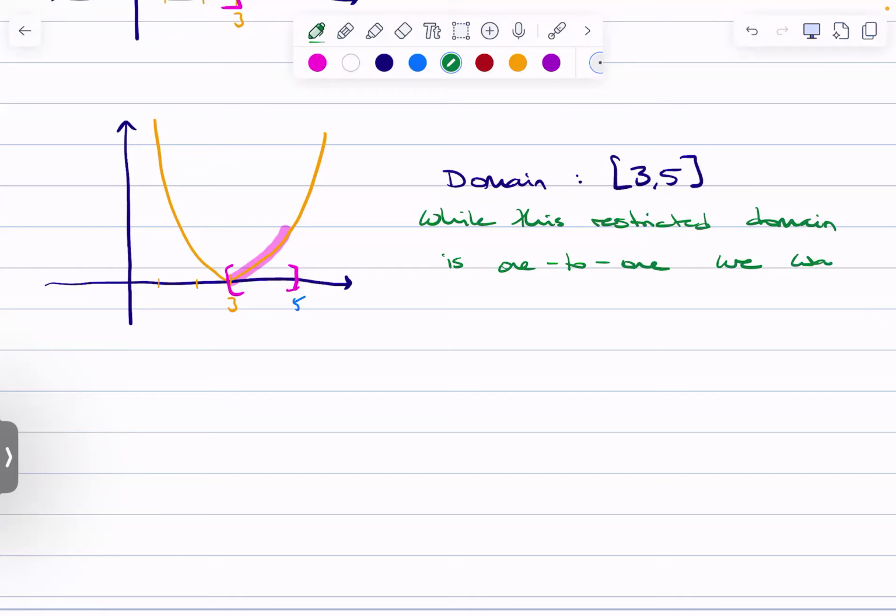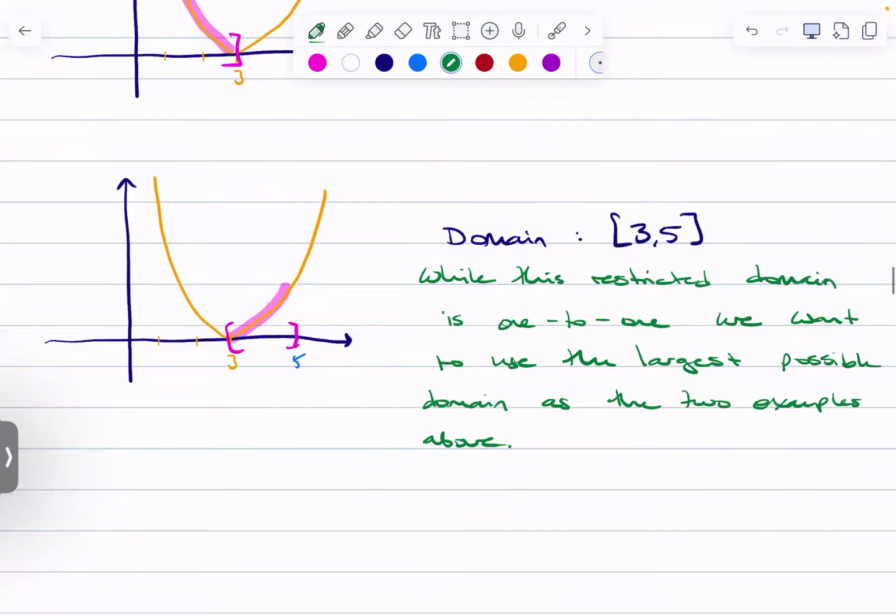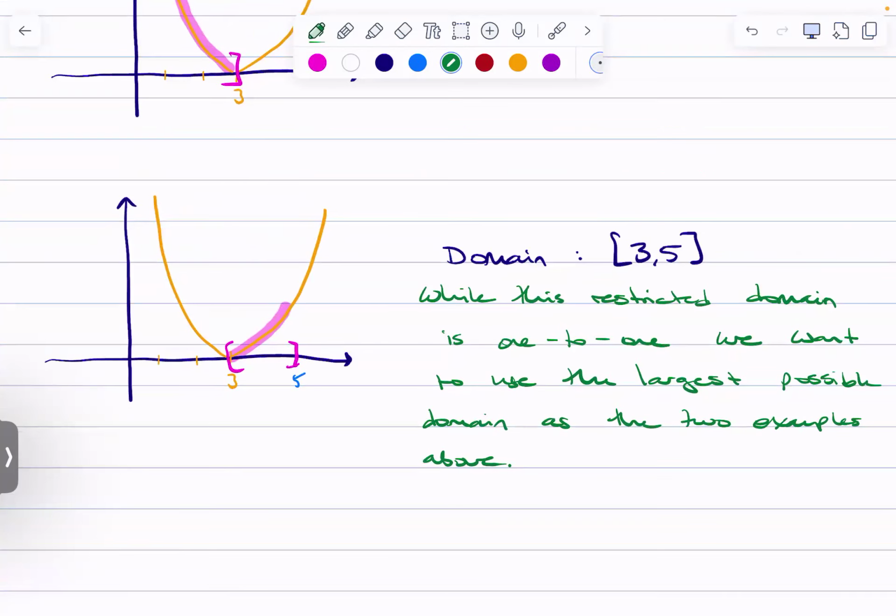Or I'll say we want to use the largest possible domain as the 2 examples above. Technically true, yes, but you want to use the biggest one.